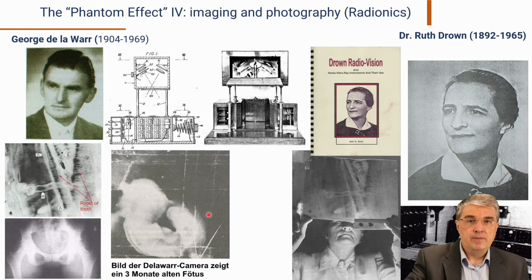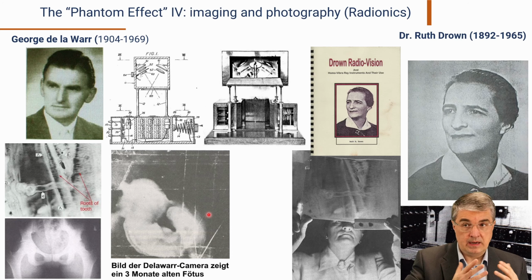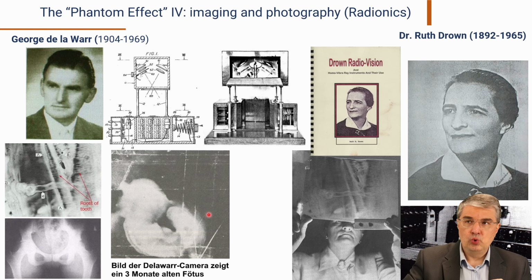Thoughtography is also known in radionics, but under a different name, as radionic imaging or radionic photos. I took two examples, again: Ruth Drown and George De La Warr. Both are extremely famous in radionics, exactly because of this imaging. How did Ruth, for instance, describe this process?